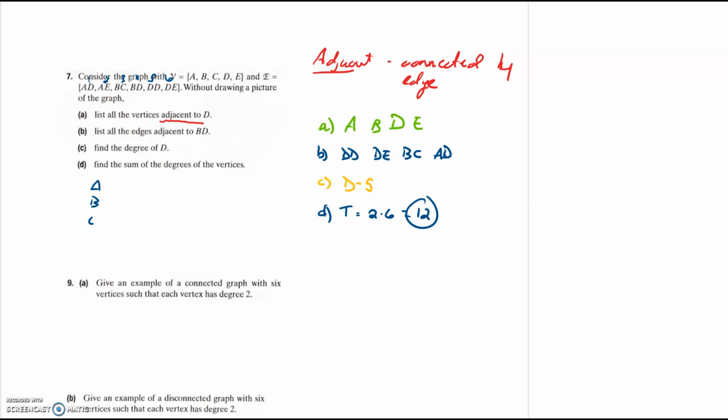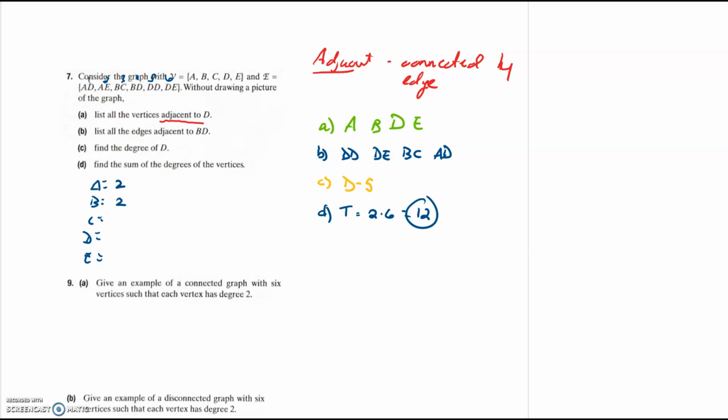A, B, C, D, E. We can certainly test that by looking at the total degrees for each vertex. The degree of A will be 1, 2. The degree of B is 1, 2.